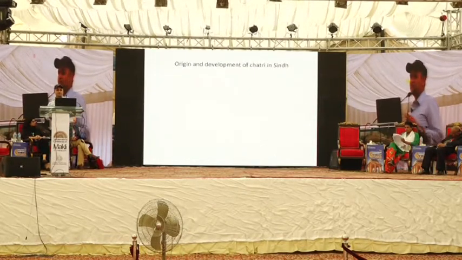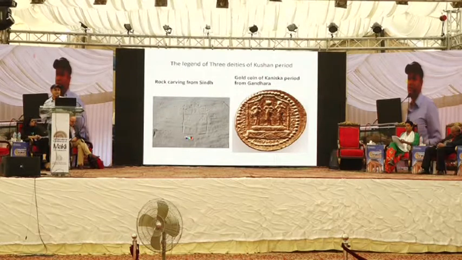As far as the origin and development of chhatri in Sindh, because we always look for outer influences, if you look at this slide, this is a gold coin from the Kushan period. This Kushan period coin depicts three deities, Kumaro, Iskando, and Mahasino.